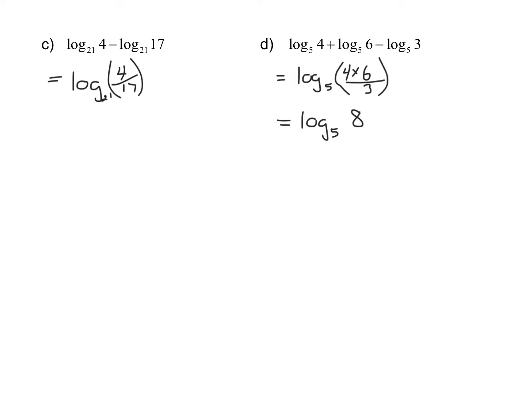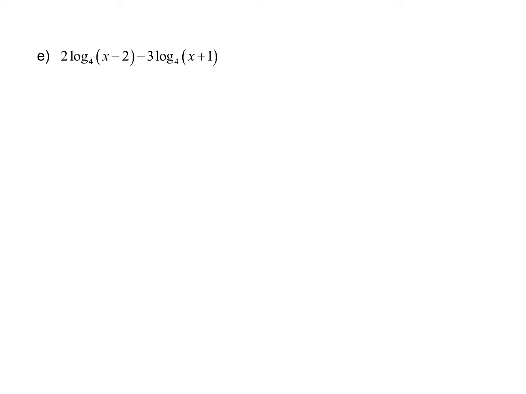Okay? Let's try. Ooh, what are we going to do with this one? Now this one's tricky, and it's not because of the binomials actually. The trickiness comes because of these 2's out front. In the power law of logarithms and the quotient law of logarithms, we can't have coefficients. So I need to get rid of them first. I can't combine if it has a coefficient other than 1.